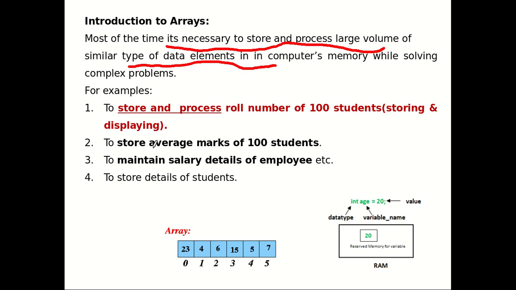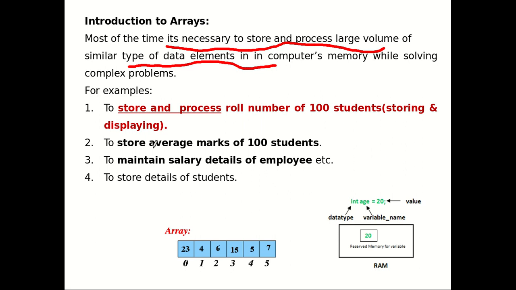So we are handling similar data type for 100 students. Another example is, say I want to maintain the details of salary of employees who are working in some organization. So here the salary data is of the same type. So we are handling data of some employees, say 100 or 200 employees.